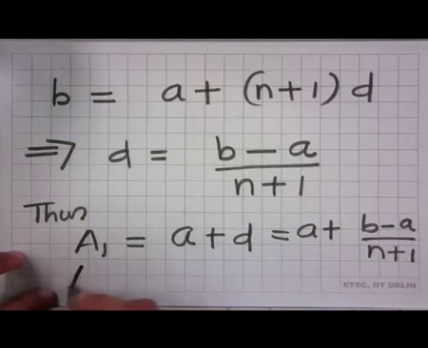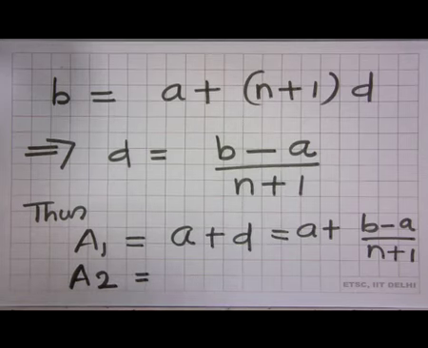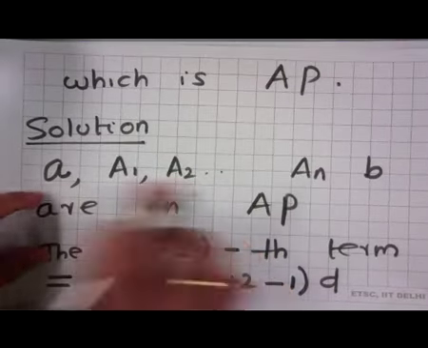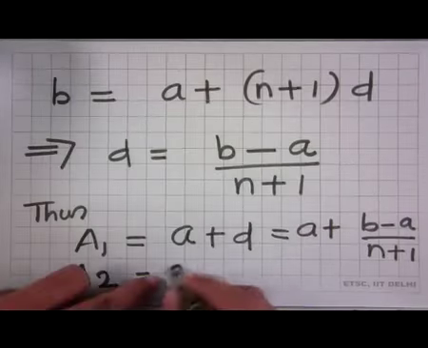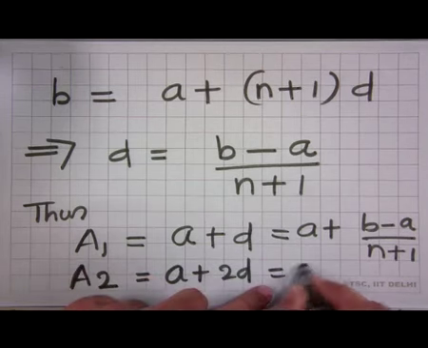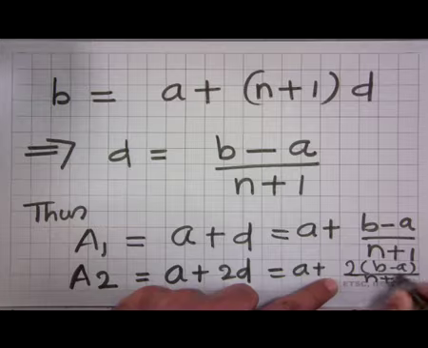The second number to be inserted, namely A2, is going to be the third term in this arithmetic progression. Hence, A2 is A plus 2D, which is A plus 2 into (B minus A) by (n plus 1).